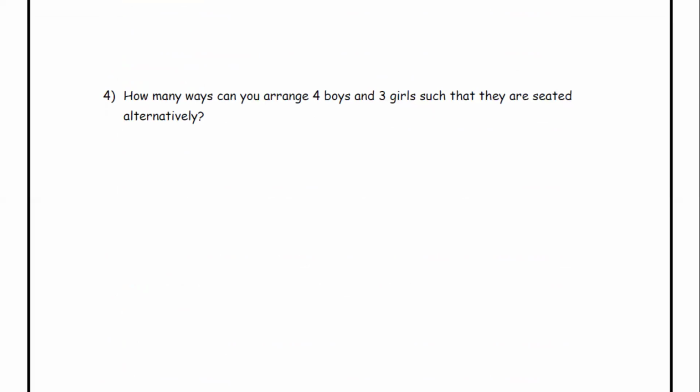How many ways can you arrange 4 boys and 3 girls such that they are seated alternatively? So we have 4 boys and 3 girls, a total of 7 chairs, you can say. And to be seated alternatively, now you'll have to begin with a boy because boy, girl, boy, girl, boy, girl, and boy.